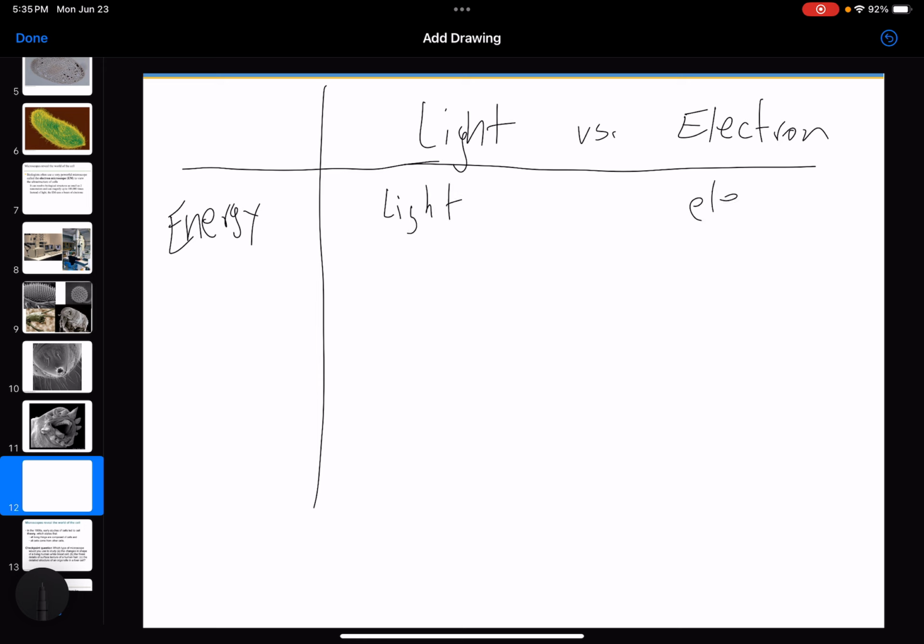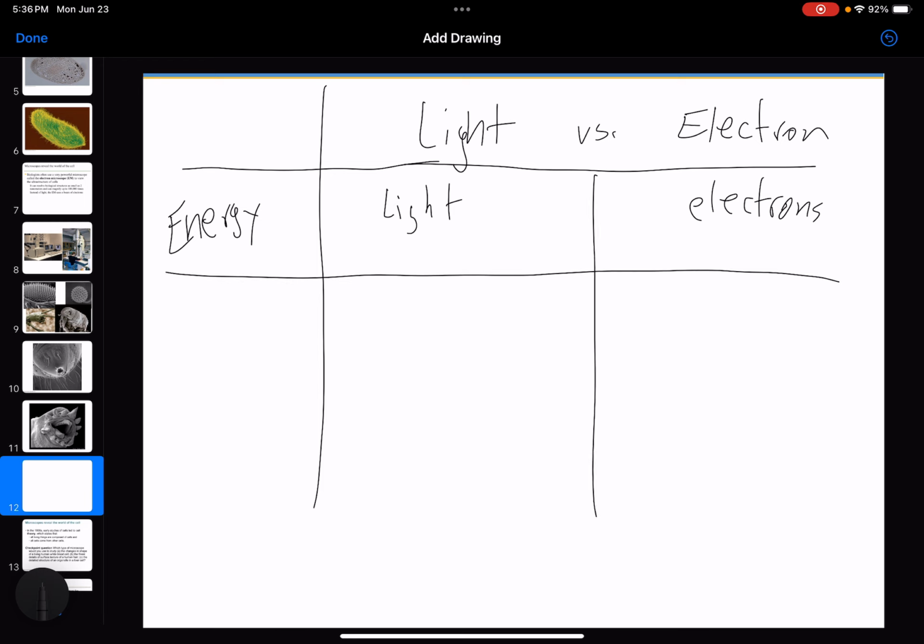These are electrons. And then we can also look at the strength of magnification. This one goes up to 1,000 times, but this one is 100,000 times. And that's because, again, it maintains resolution.